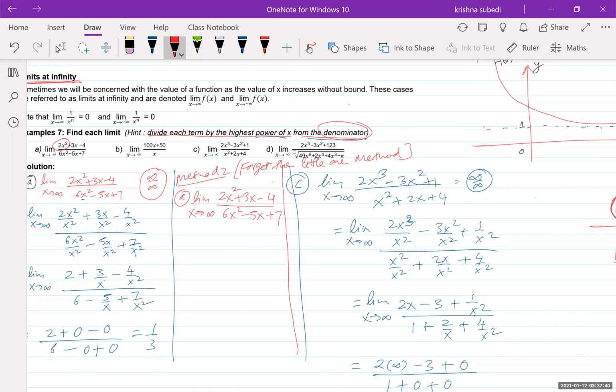Now, the term with the highest power is called the leading term. That means the leading term in the numerator is 2x squared. Invite the leader from the bottom too. The leading term there is 6x squared, because this has the highest power.